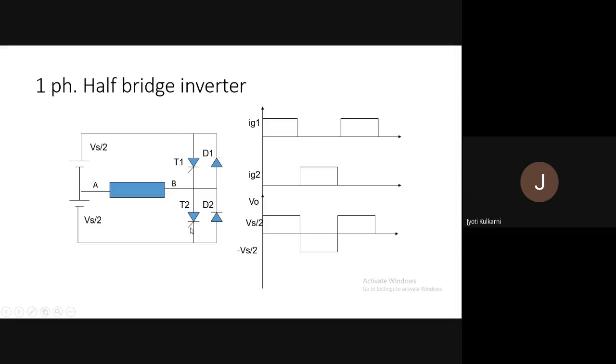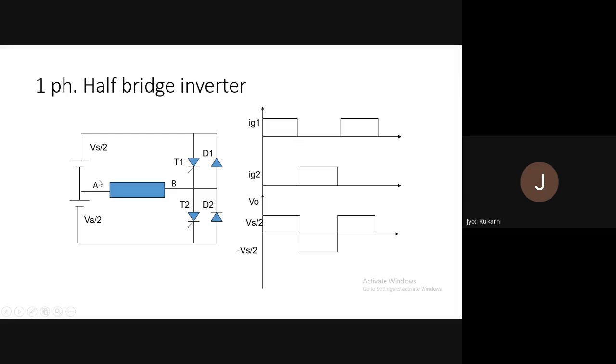As the lower thyristor is in the conduction state, the current will flow in such a direction that the lower part of the battery will come in action. How will the current flow? From the upper plate of the lower battery Vs by 2, that is the positive plate of the lower battery, the current will flow to the A terminal.